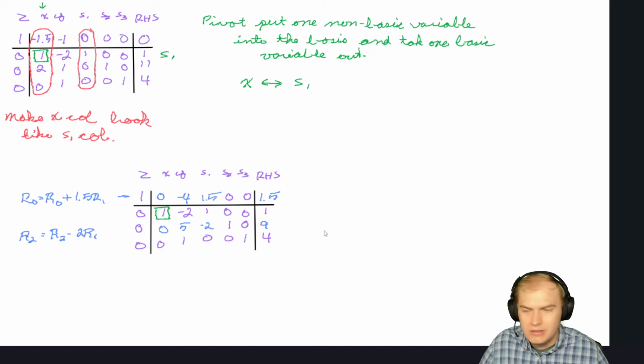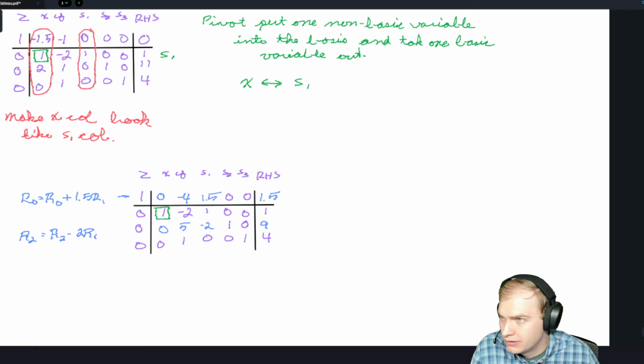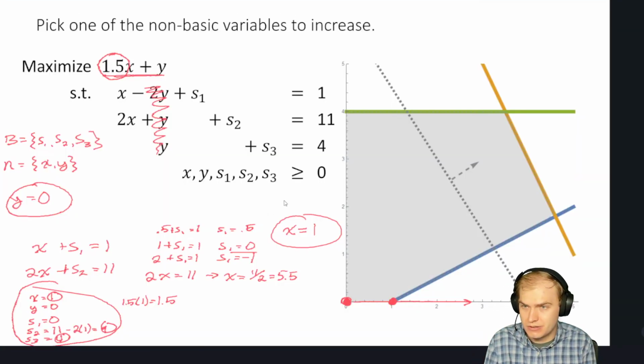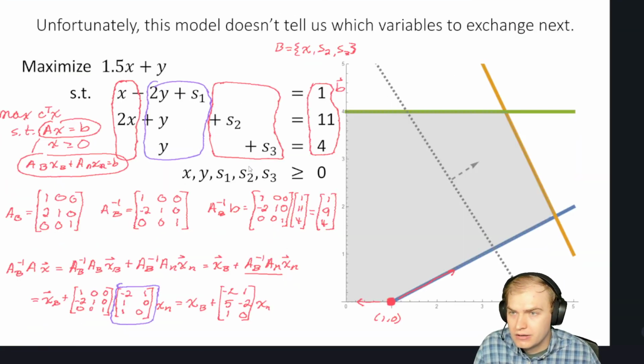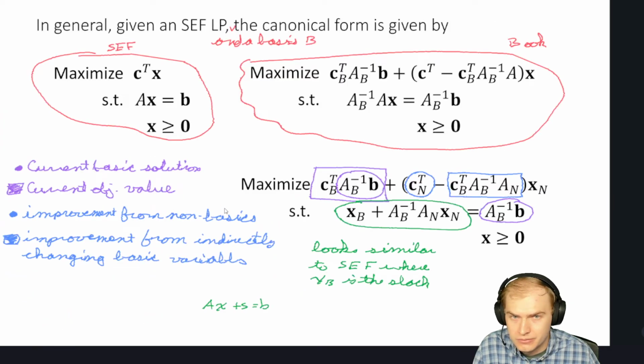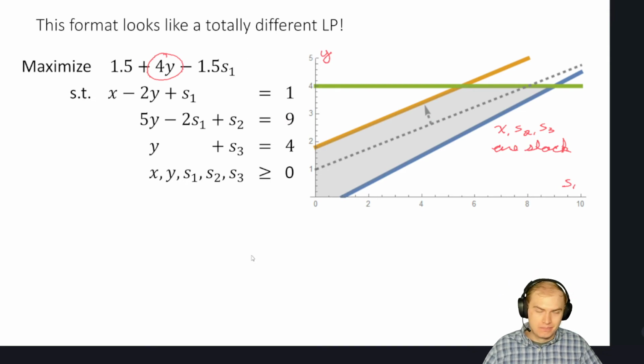So we have a new Tableau. And just to show you, I'm going to go back to yesterday's notes. And we see that this Tableau corresponds to this version of the LP that we were solving, this canonical form.